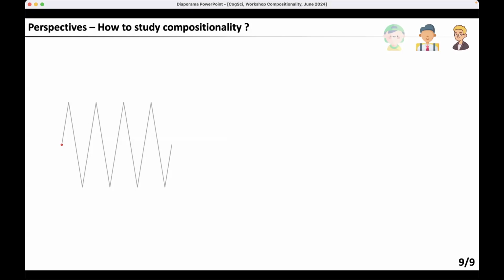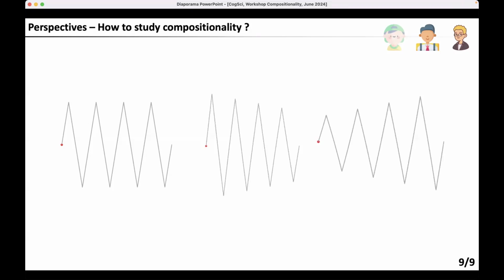Instead of presenting melodies coming from 6 different mathematical functions and graphs coming from 6 different mathematical functions, we can present them as Lorenzo presented before, with 3 graphs representing 3 zigzag patterns, one with constant amplitude, one with decreasing amplitude, and one with increasing amplitude. That would be the next step we try to study, maybe first in adults to see if it's feasible, and next in kids.